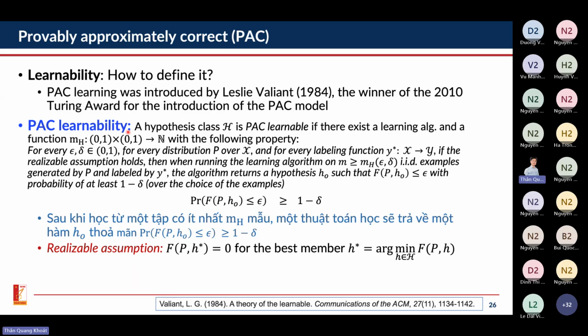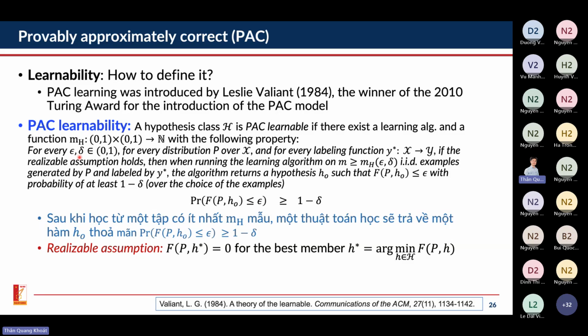Okay, this is how. Let's consider a hypothesis class H. We say that H is PAC learnable if there exists a learning algorithm and a function we denote by m_H that maps from this domain to N with the following property.